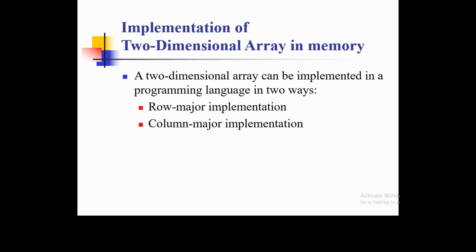So now let's come to the implementation of a two-dimensional array in memory. A two-dimensional array can be implemented in a programming language in two ways: row major implementation or column major implementation. I told you in the previous slide, row major implementation is nothing but dealing with the array row by row, meaning we take input in the array row by row.